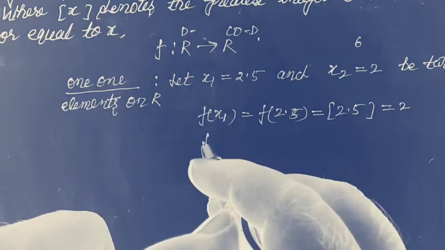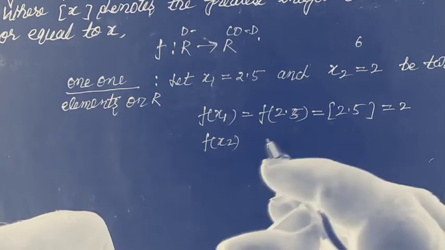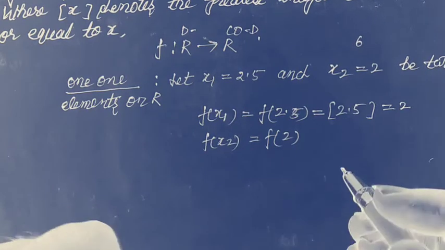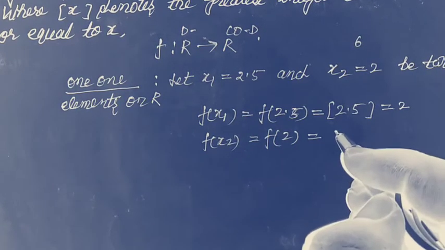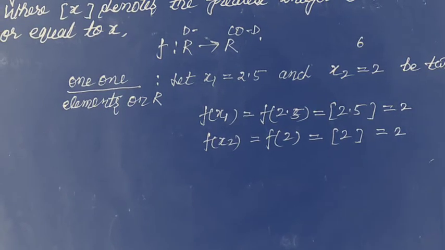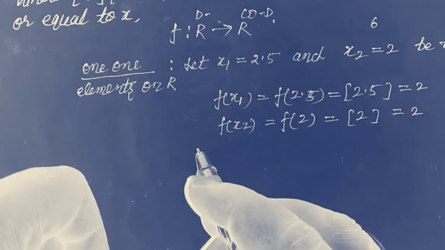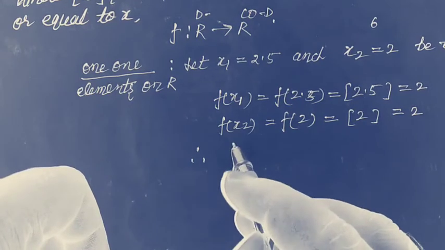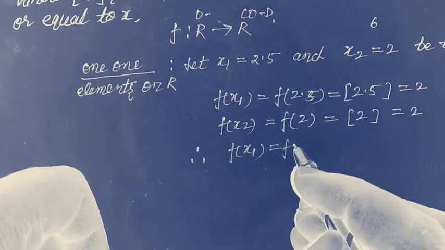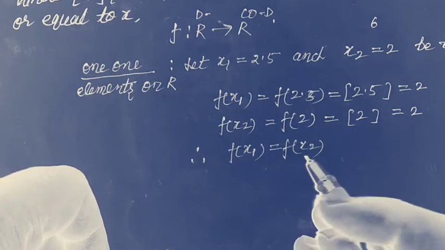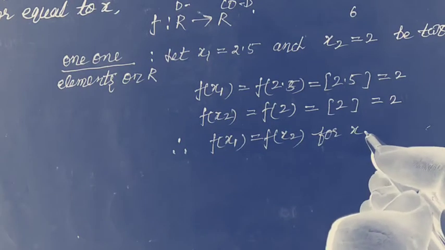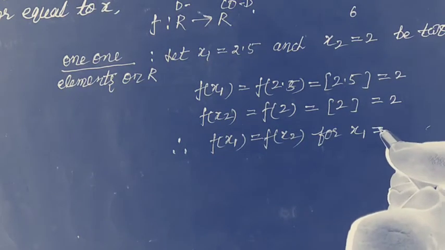If we put x2 here, then we have to put 2, so then we will get 2. So we can say therefore the values of the function are equal, but the elements are not equal.